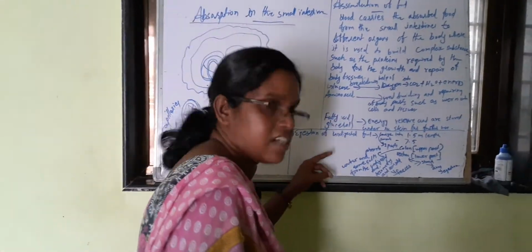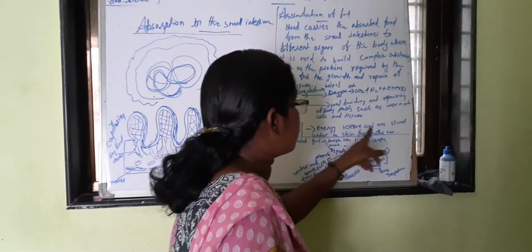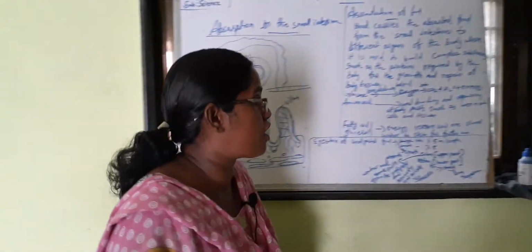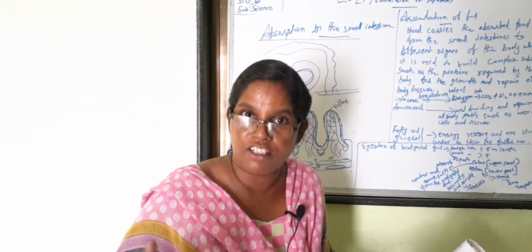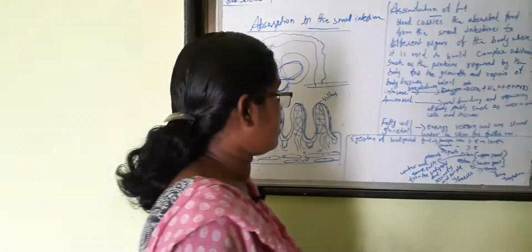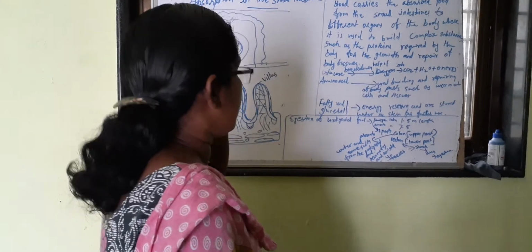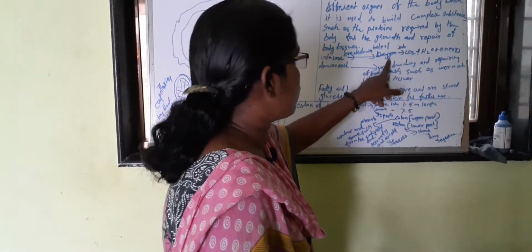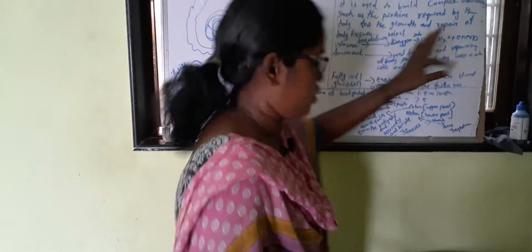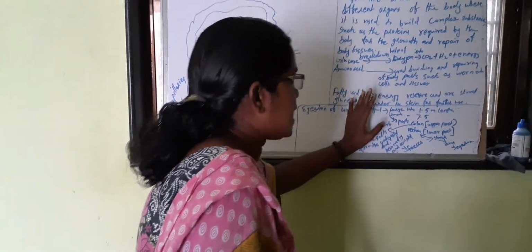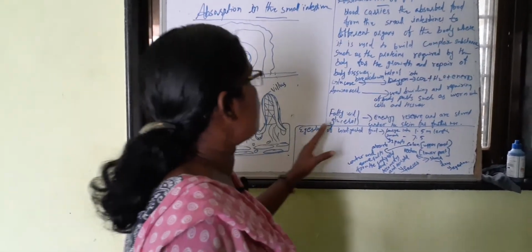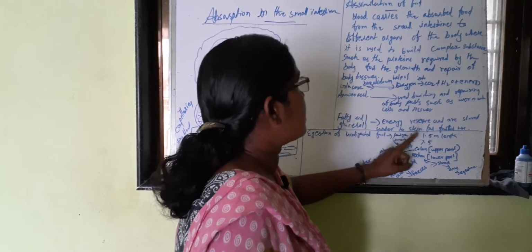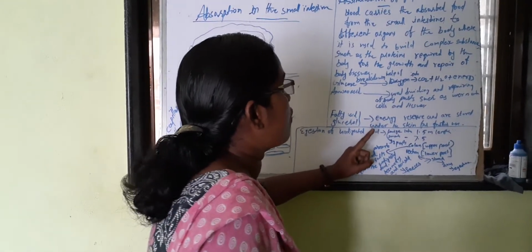Next, fatty acids and glycerol are an energy reserve and are stored under the skin for further use. Fat is stored under our skin. So first, glucose is broken down with oxygen into carbon dioxide, water and energy. Next, amino acids are used for building and repairing worn out cells and tissues. Next, fatty acids and glycerol are stored under the skin for further use.